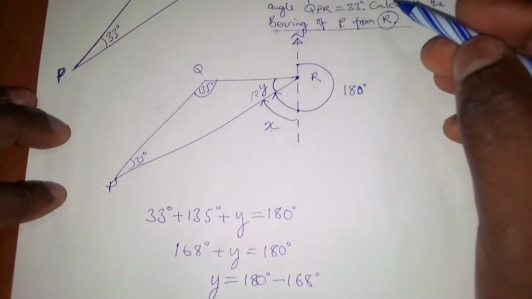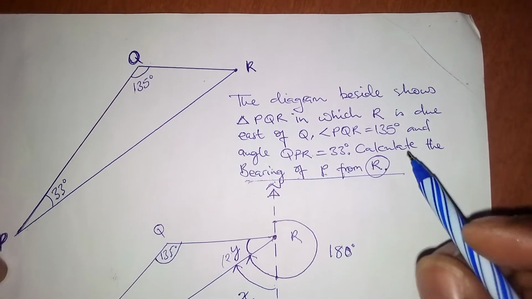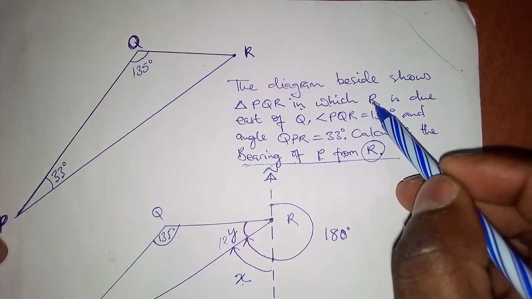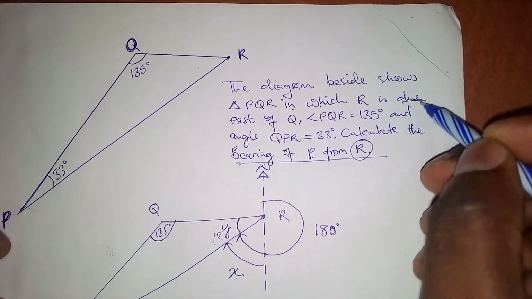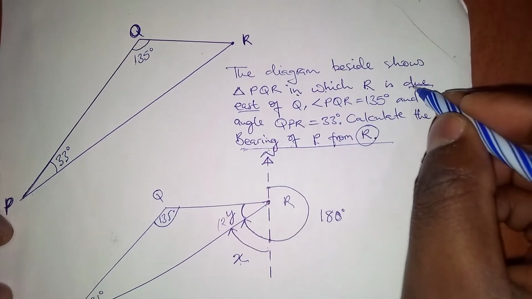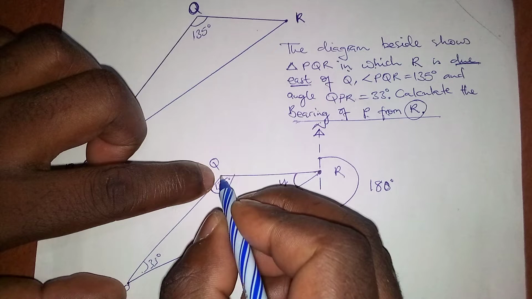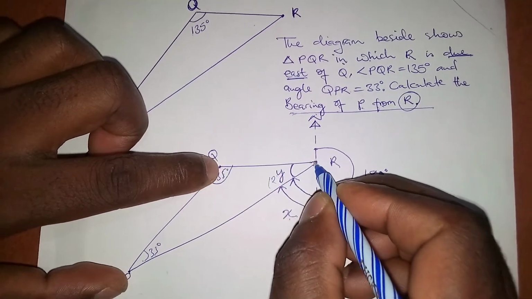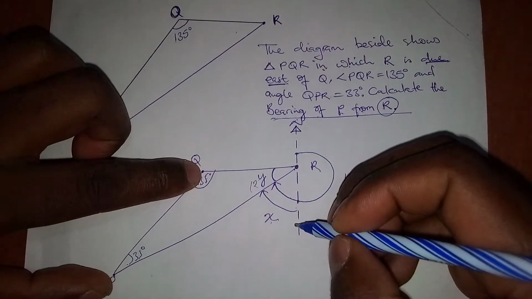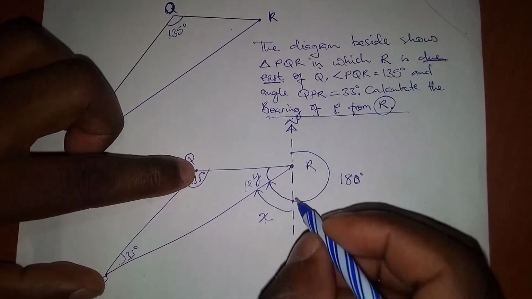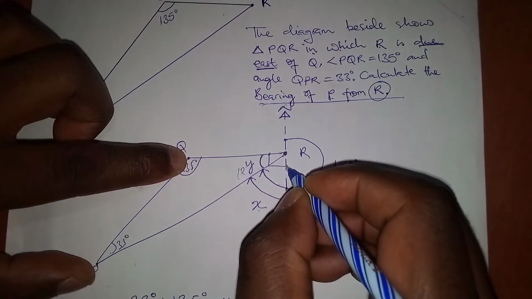Now, let's go back to the question. It says R is due east of Q. The moment you find a statement saying due east, it means that the line coming from Q going to R will intersect the North line at an angle of 90 degrees. So from this point to this point, it's 90 degrees.